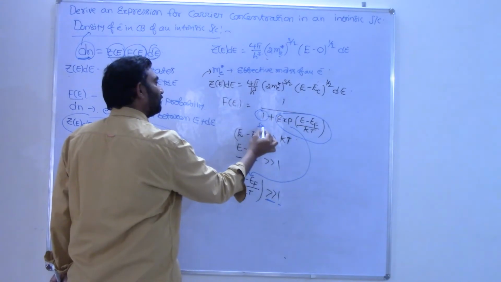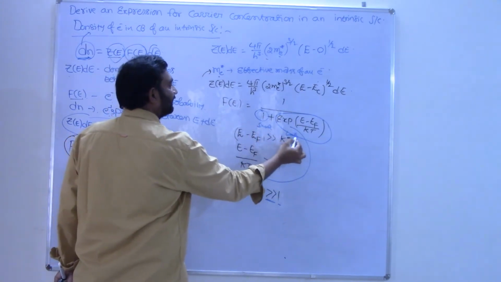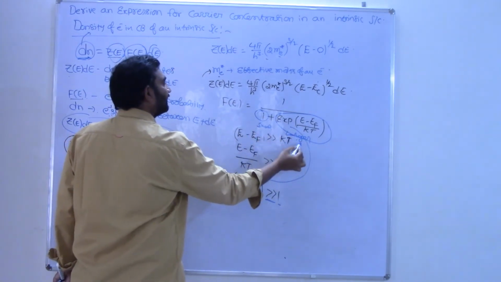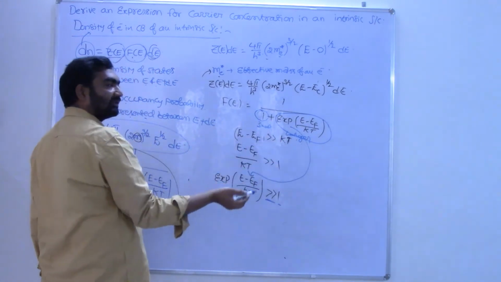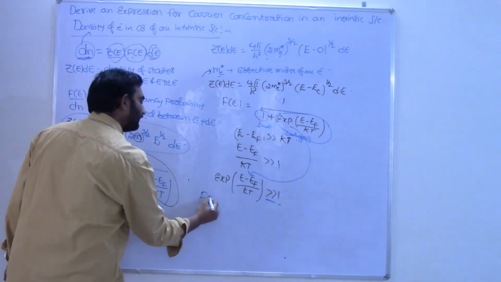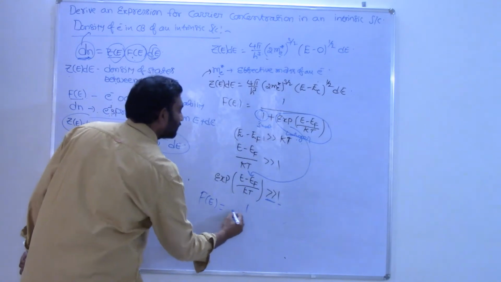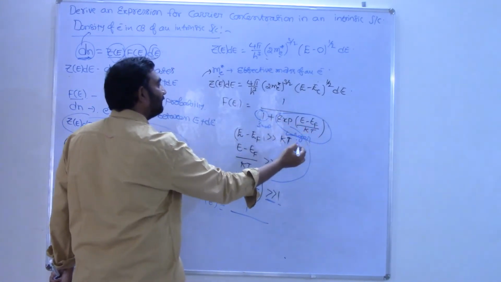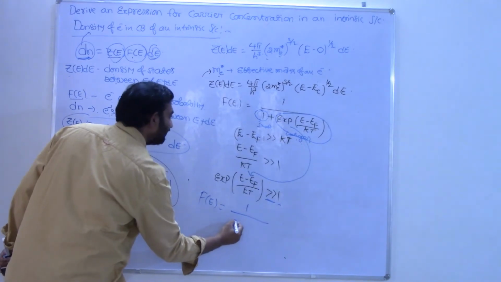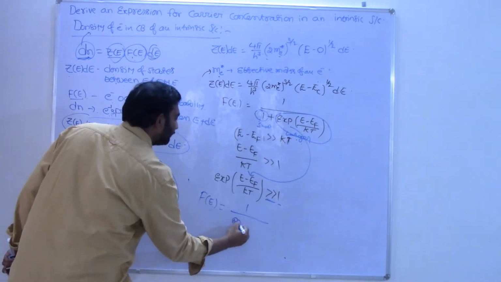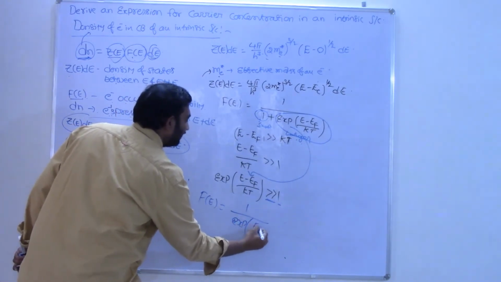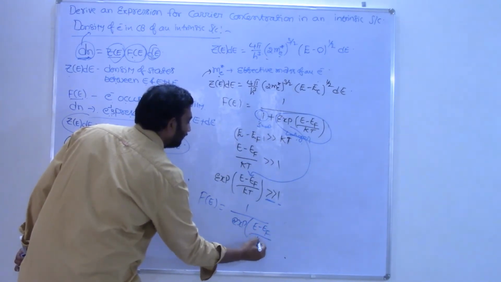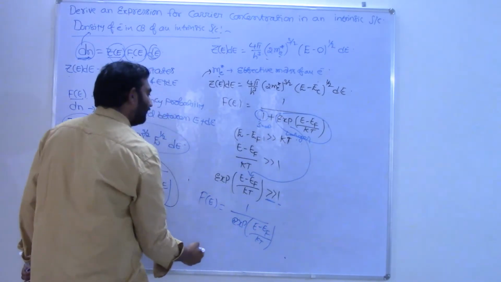This is a smaller value, this is a larger value. Let it be 10,000, let it be 1: 10,000 plus 1, we can approximate it to 10,000. So we can ignore 1 when compared with the exponential of E minus EF by KT. So f of E can be approximated to exponential of E minus EF divided by KT.